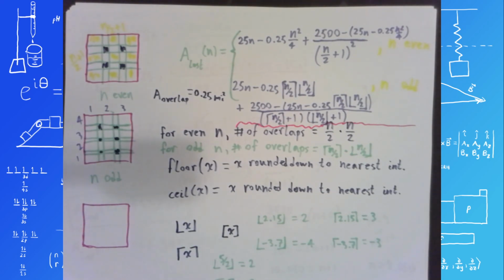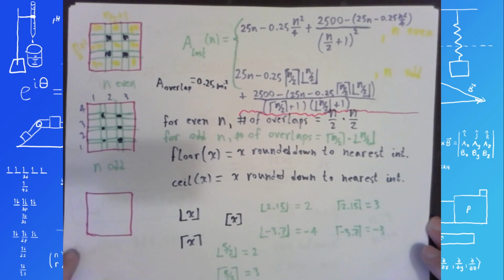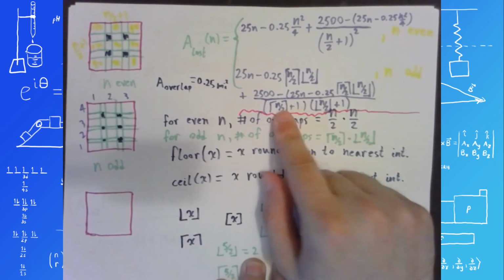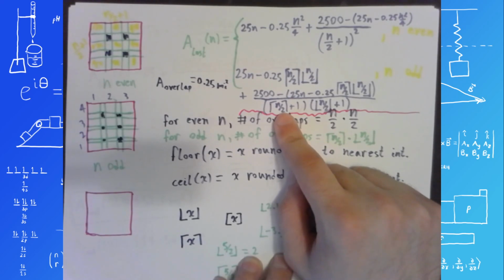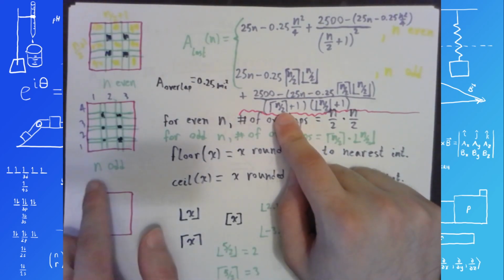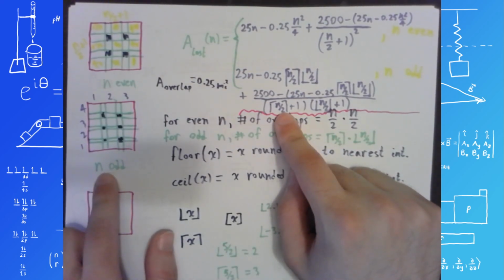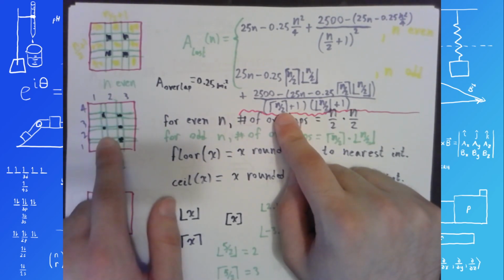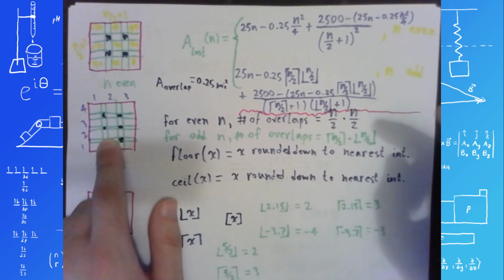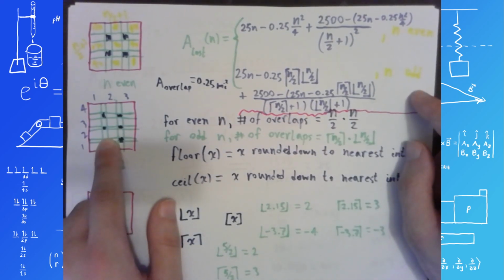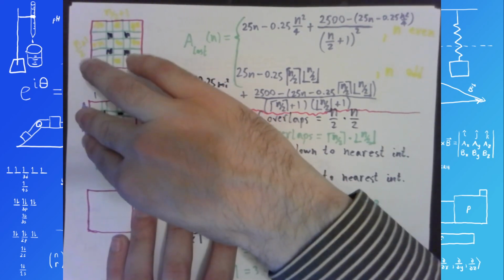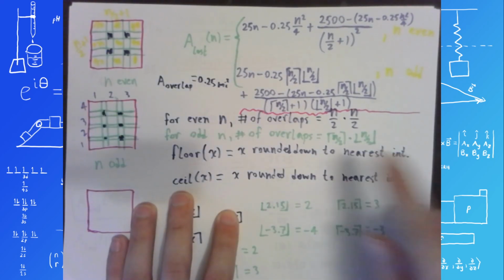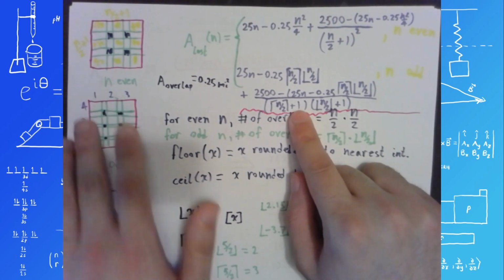Okay, and I think that's about as far as I'm going to go with this, but first let me justify what I did here. So ceiling of n over 2 plus 1 would just be taking your odd number, so in this example 5, divide it by 2, that gets you 2.5, and then take the ceiling of that, that would be your 3, that would be your number of horizontals in this case, plus 1, so that would give you 4.